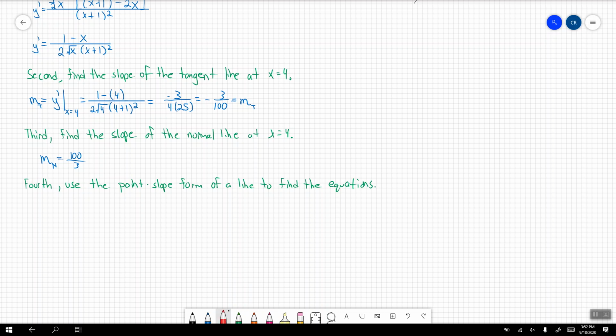Okay, so what's the point slope form of a line? Well, that's your y minus y1 is equal to m times x minus x1.